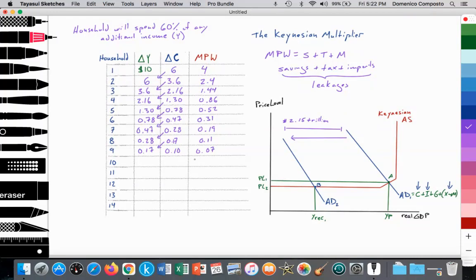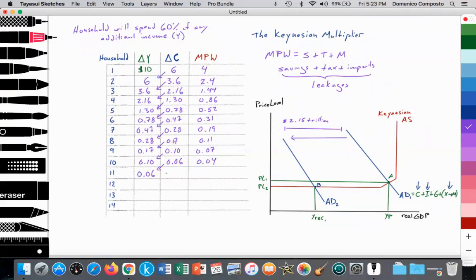Let's say about 7 cents withdrawn. Then 10 cents ends up in household number 10. They will spend 60% of that, so we see right here. Of the 10 cents, 60% is spent, with 4 cents being a leakage. Then 6 cents goes to household number 11.